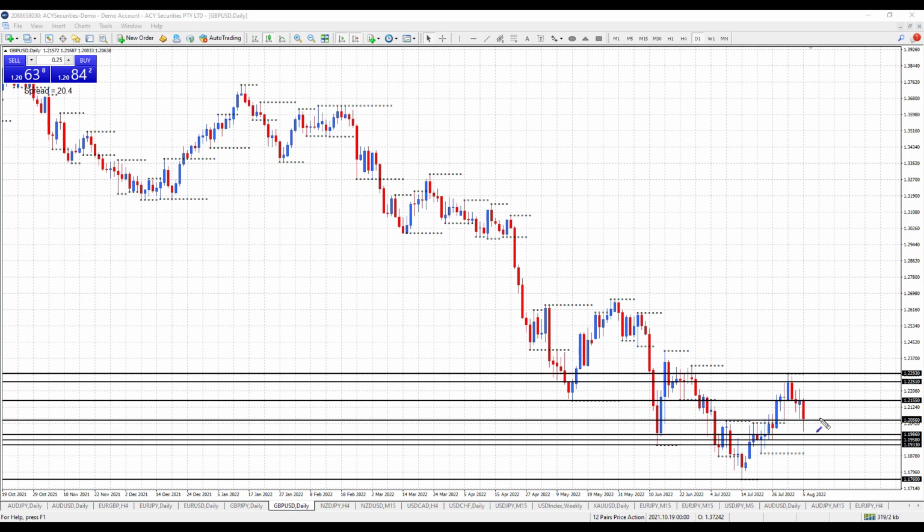I'm anticipating we may have formed a lower top on the weekly chart up here, and we could well now be moving down to test weekly support at 119.33 initially, and then a further decline down to test 117.60 through the course of the month. Alright, so those are the two levels I'm watching there on the pound dollar. Can we first of all move down to retest 119.33 weekly support? If that breaks, anticipating a further move down to 117.60 weekly support.